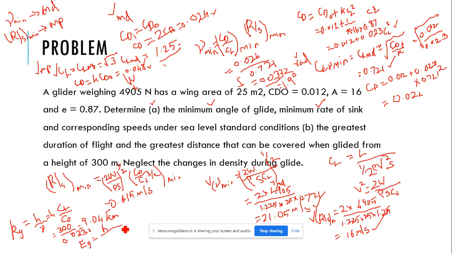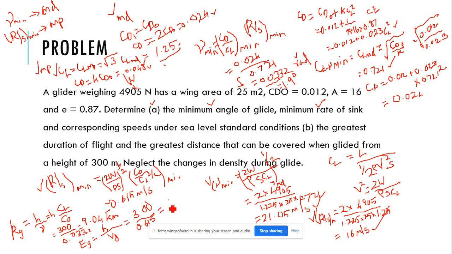And the endurance of glide, E glide, is equal to h by VD. We know what VD is. VD is the vertical velocity of descent, or else we can say that as R by S. So h, we know the value for h as 300, divided by, we need to substitute the value like 0.61 and 5.